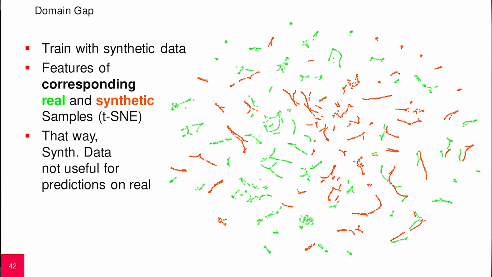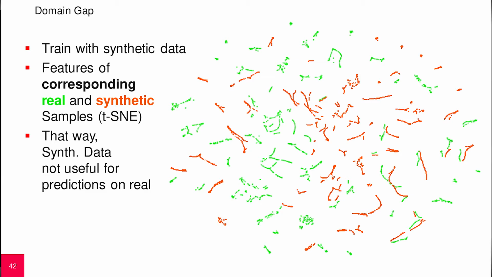And looking at a visualization of the feature space, assuming that you could just use synthetic data to solve this task and train a model using only synthetic data, we were visualizing the feature space with corresponding real and synthetic samples.